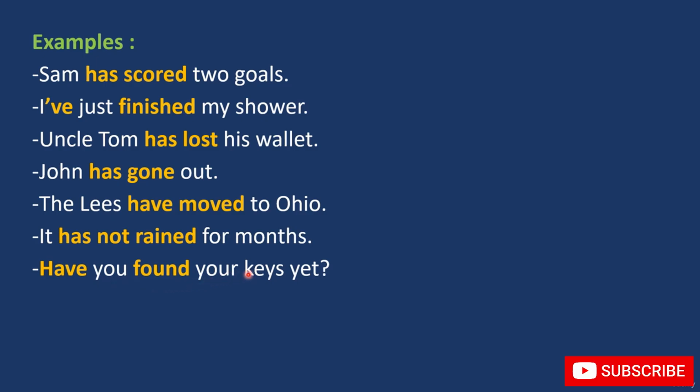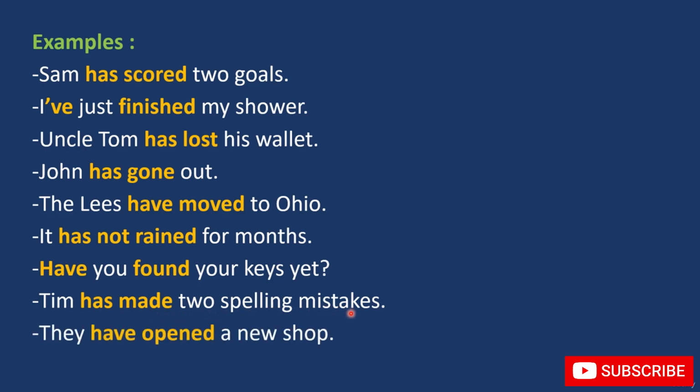Have you found your keys yet? It means that you have lost your keys and you haven't found them. You are still searching for them. Tim has made 2 spelling mistakes. They have opened a new shop and this is freshly opened.